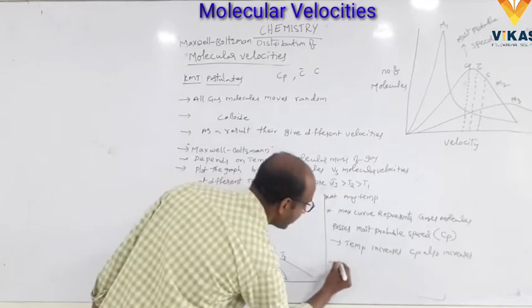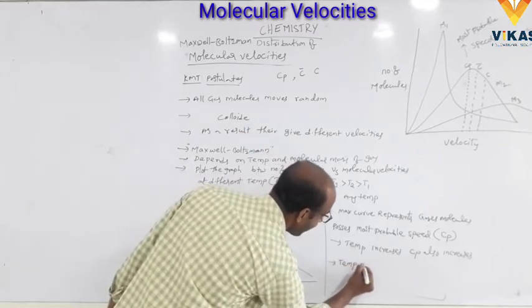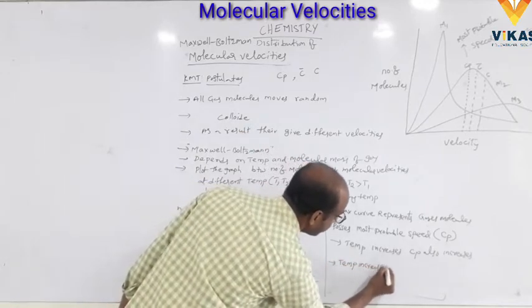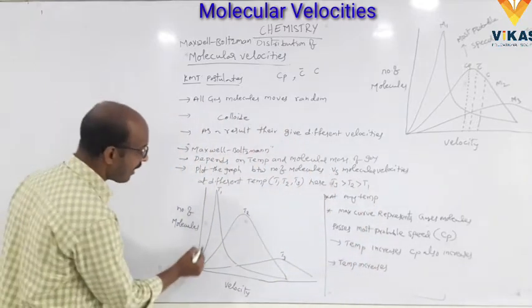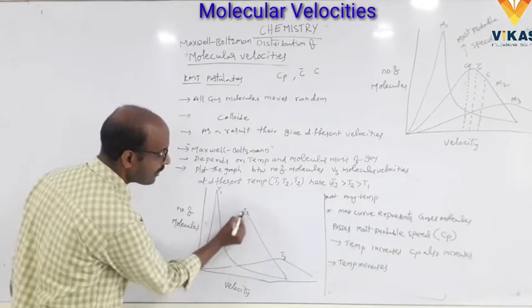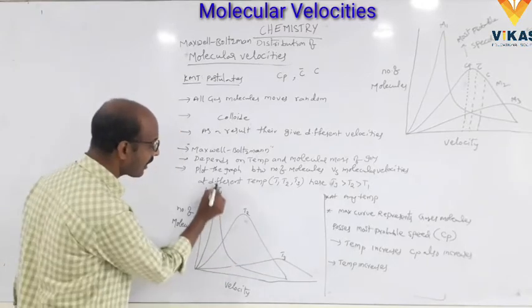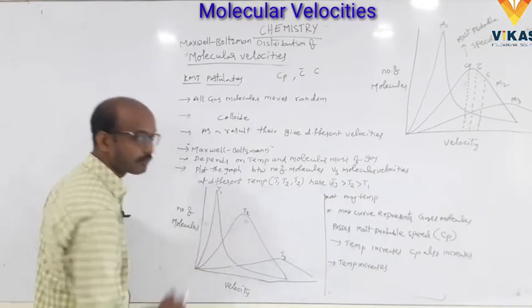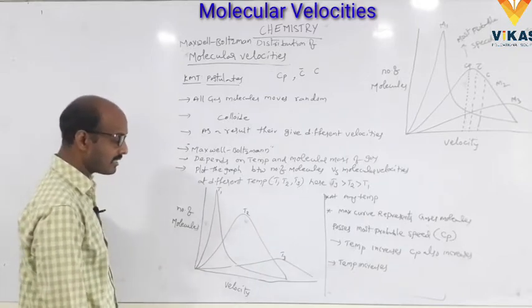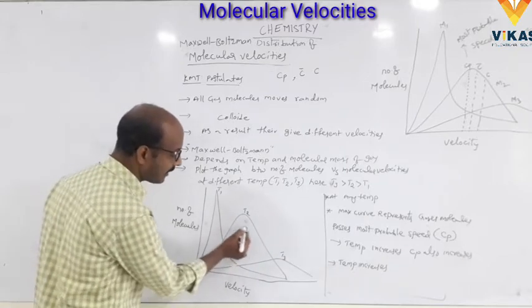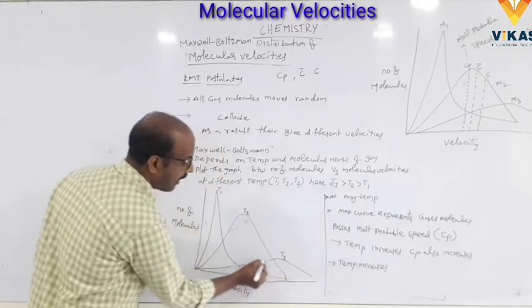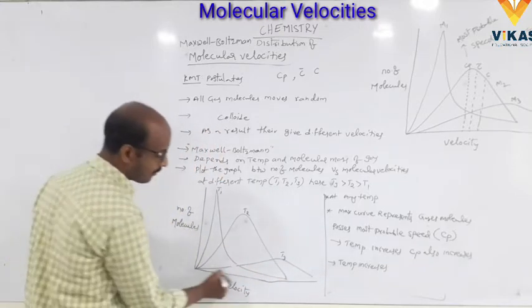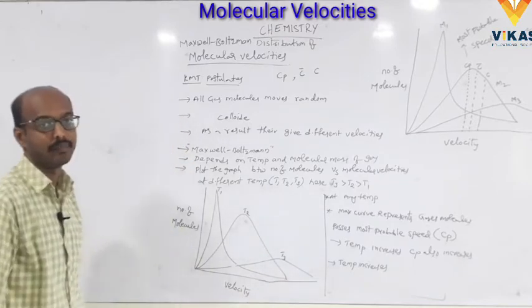As the temperature increases, the height of the graph decreases, and finally it flattens so that it almost touches the velocity line. Okay, clear.